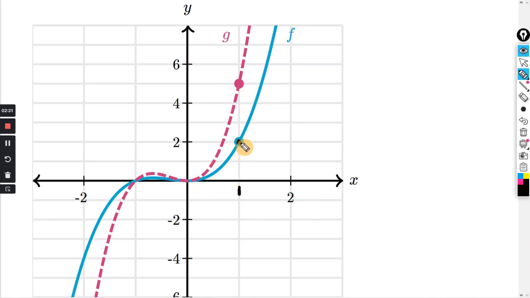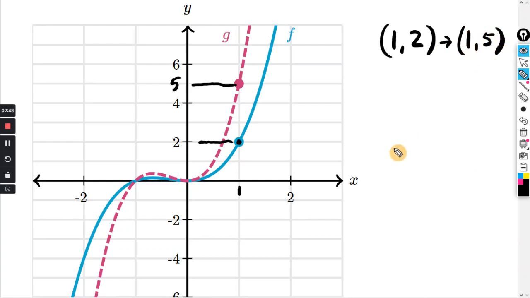At x equals 1, the original point is at y equals 2. And the new point at x equals 1 on the new graph that's in pink, the y value is at 5. So 1, 2 ends up being 1, 5 on the new graph. In terms of multiplication, how do we get from 2 to 5?